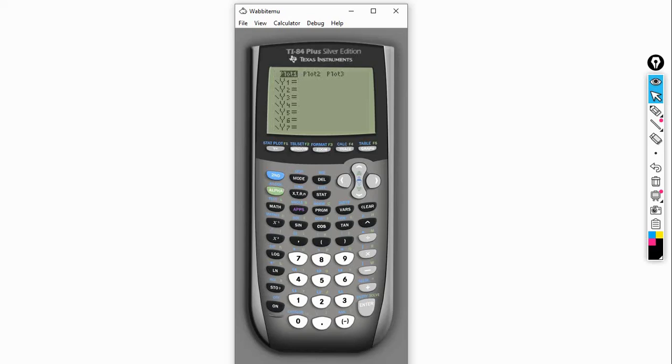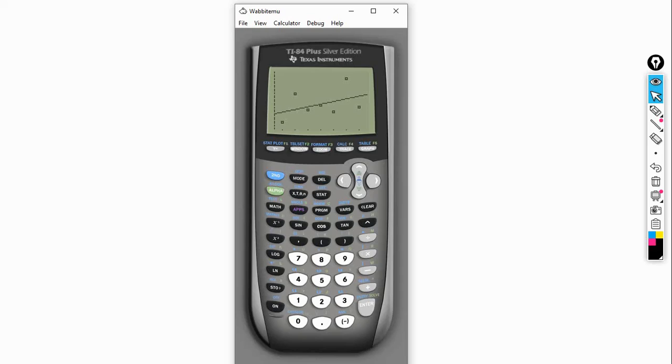So we would say 6.14 plus 2.071x. And then let's hit graph. And there is the regression line.